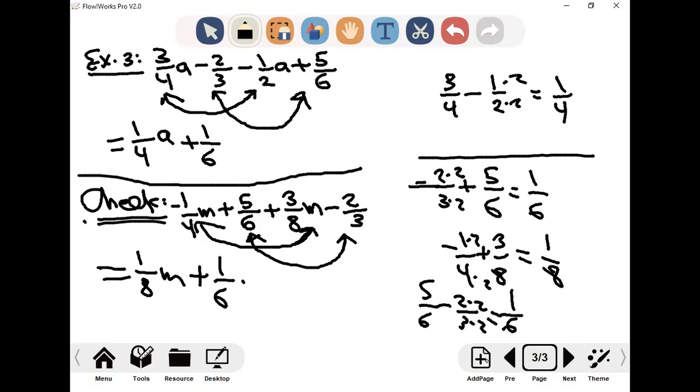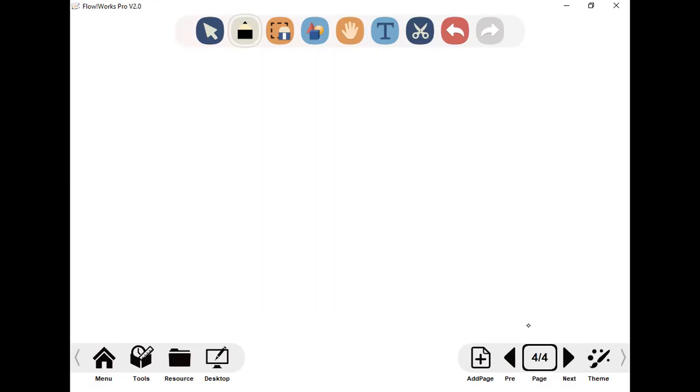Let's go to example what now? 4. Let's go to example 4. Now, in example 4, before the example, we have something we call the distributive property. If you have a number multiplied by a bracket, look at the board.